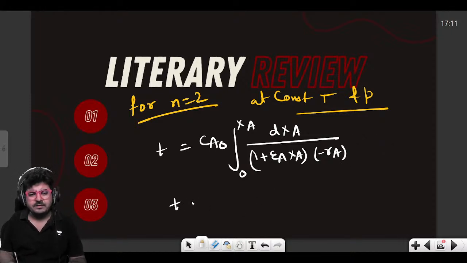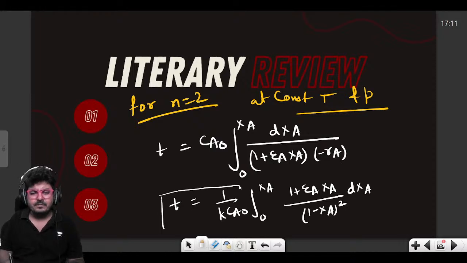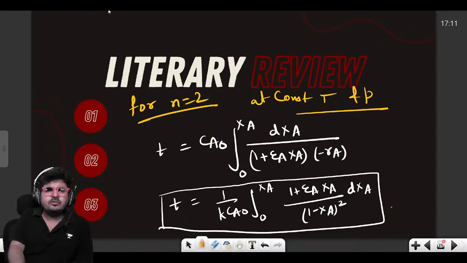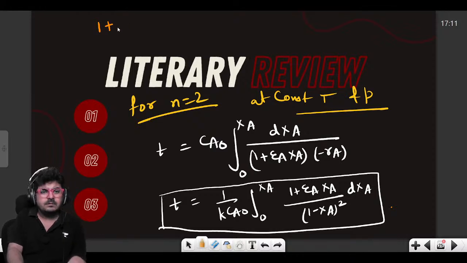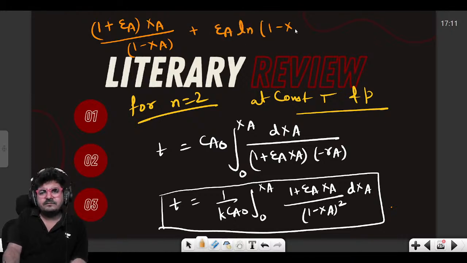If you put the value of K, 1 upon K CA naught integration of 1 plus epsilon A XA divided by 1 minus XA square into dXA. और इसे फाइनली अगर आपको लिखना है तो वो आप इसे सॉल्व करके भी अगर लिखोगे तो ऐसा कुछ आएगा: 1 प्लस एप्सिलॉन A मल्टीप्लाई बाय XA डिवाइडेड बाय 1 माइनस XA प्लस एप्सिलॉन A टाइम्स ऑफ ln 1 माइनस XA इक्वल टू K CA नॉट इंटू t.